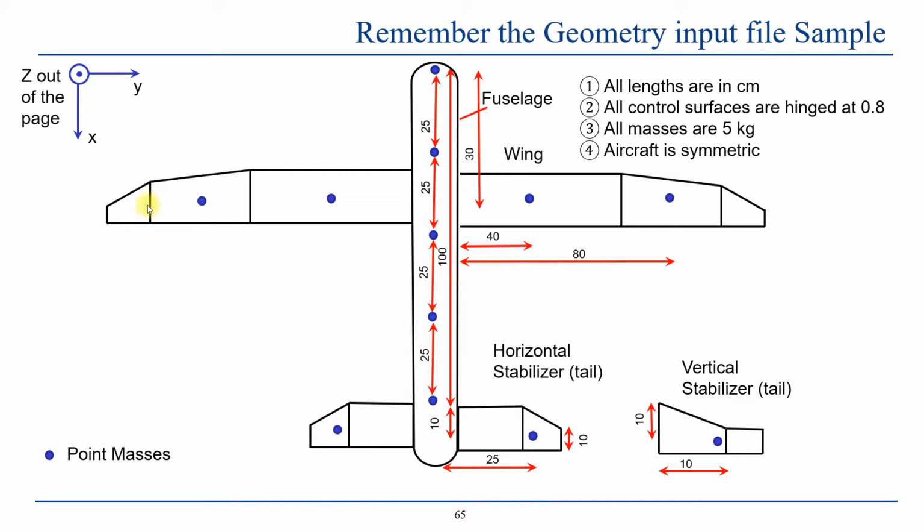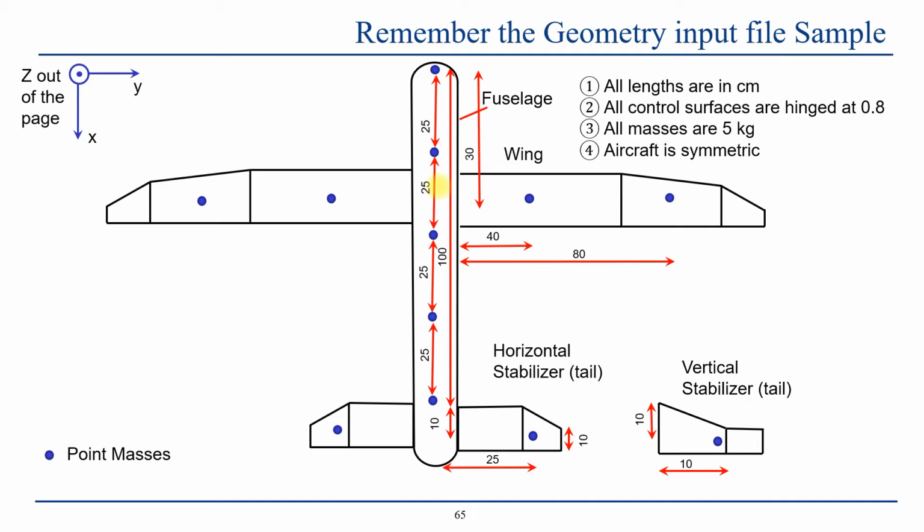Now, of course, if you have more of these point masses, you will have a better accuracy or a better representation of how the mass is distributed over this aircraft fuselage or body. However, the more point masses that you have, you will have to define them, so it will create more work for you in the design.